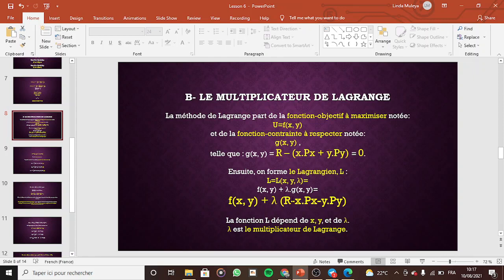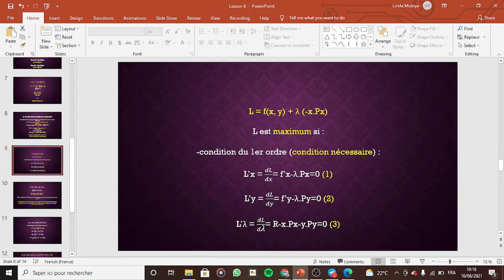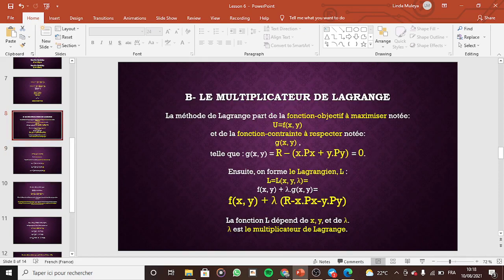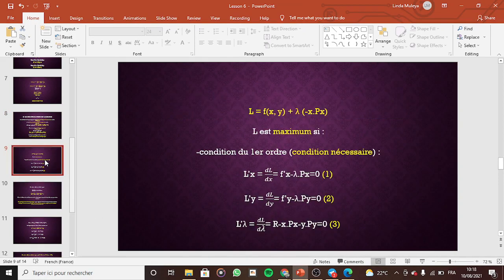So the first value we have to consider here is r. R has no x attached to it, and since that's the case, we removed it, and that's why we came to have negative x. The next value we had was negative x multiplied by price of x.